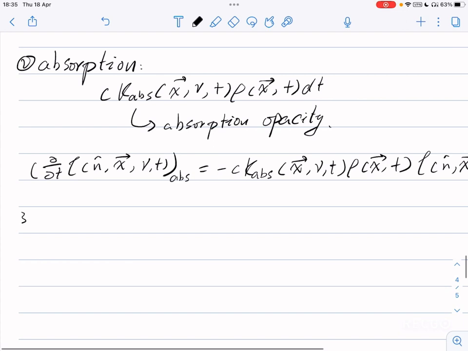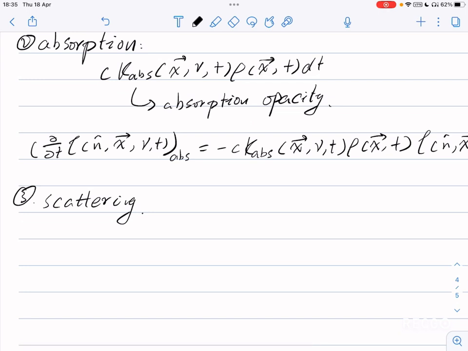The third contribution is the so-called scattering. A scattering process means an incident photon disappears and a final photon is produced, while the final direction is different from the initial one, but these two directions are correlated.